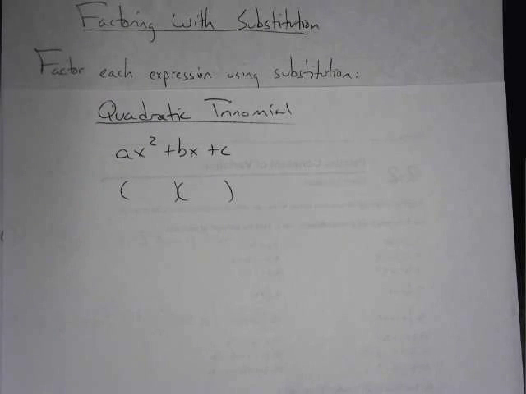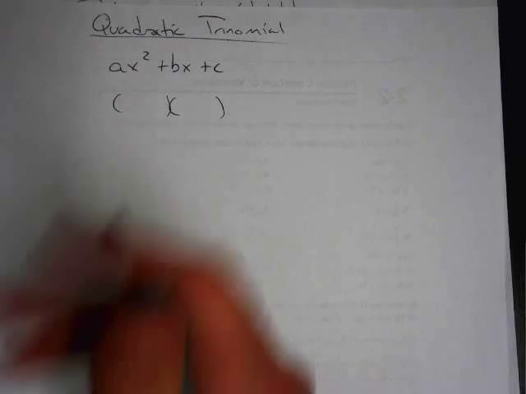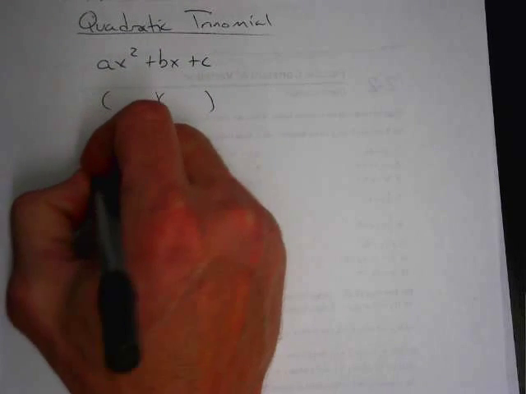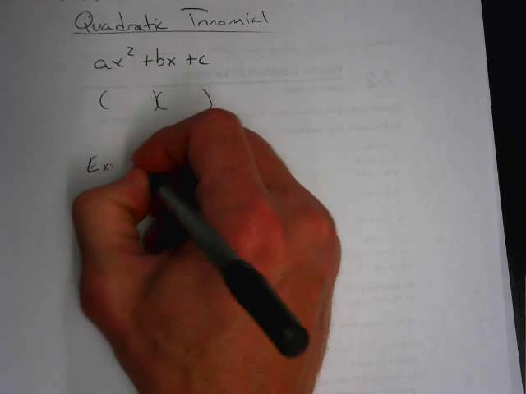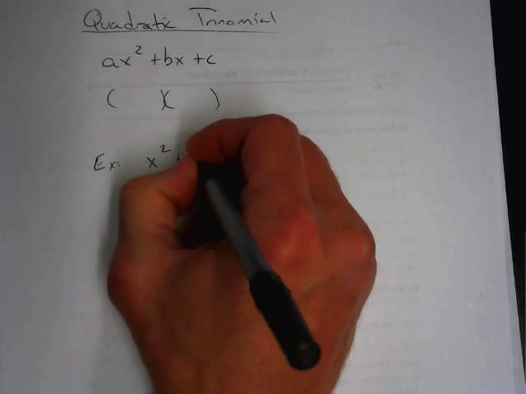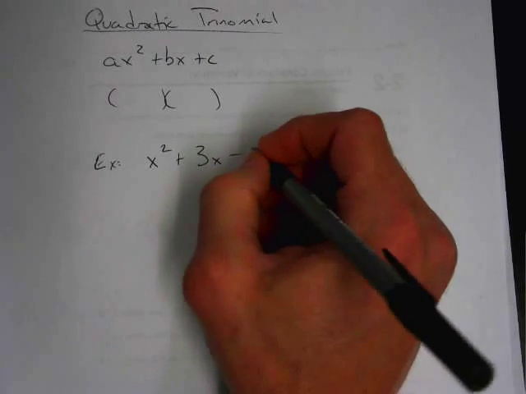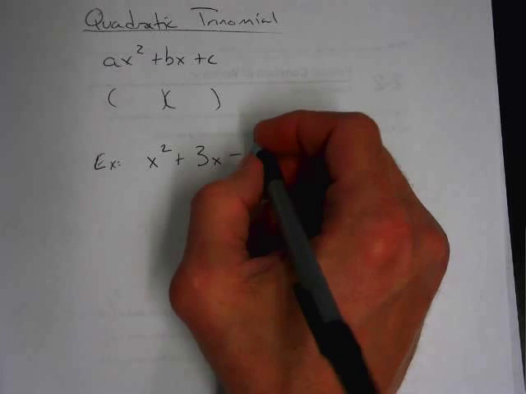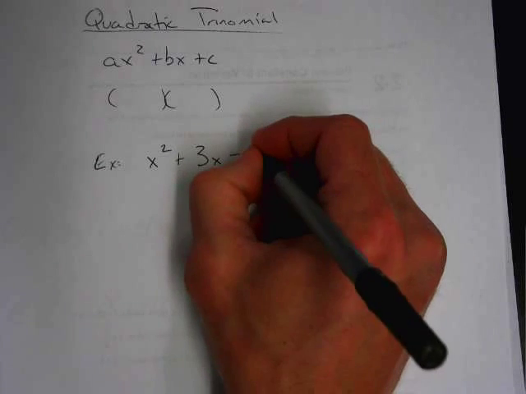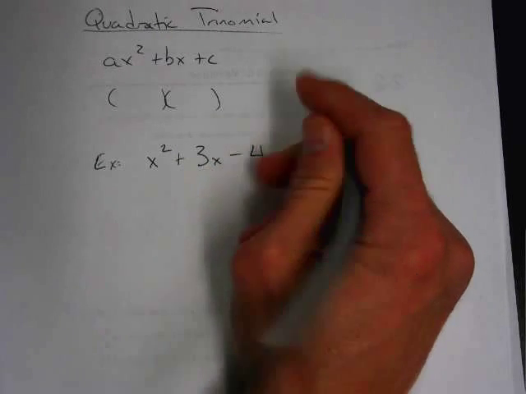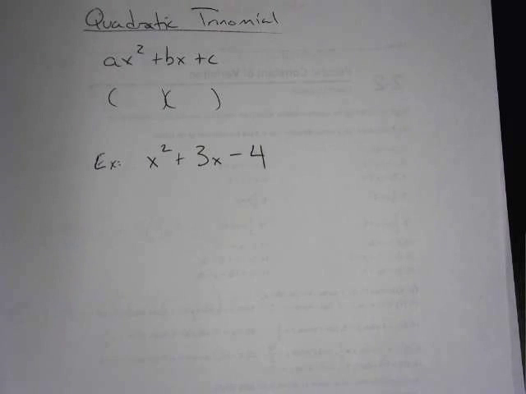So, for example, just for an example, if we said, hey, factor x squared plus 3x minus 4, and we wanted to factor that expression, we could actually substitute an x with an a, or any other variable for that matter.